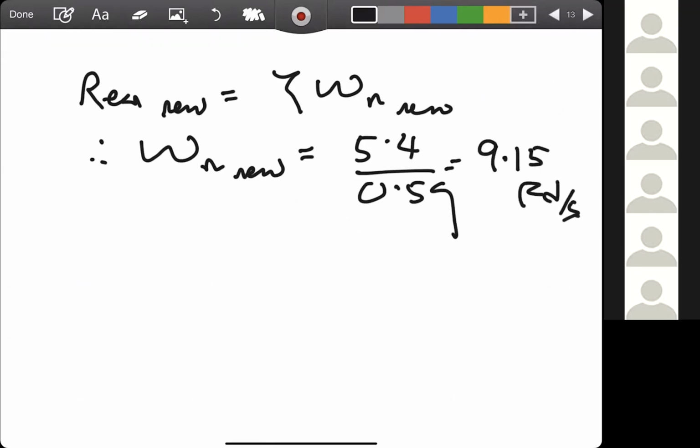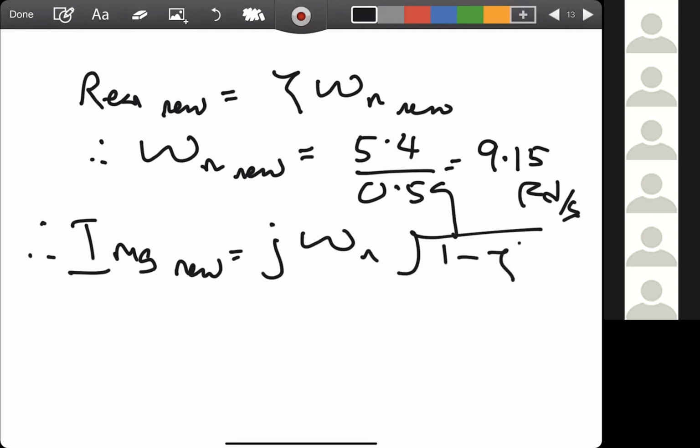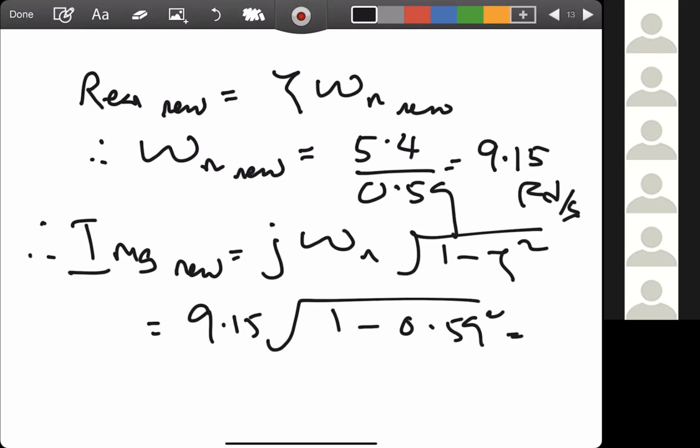Okay, and from there, you can get the new imaginary part using the gradient: 5.41 times the tangent of the angle, which is j 7.39. Thus, what is the new dominant pole?